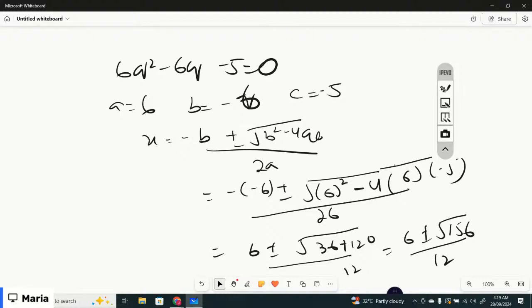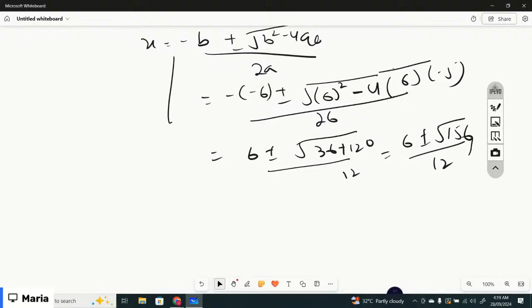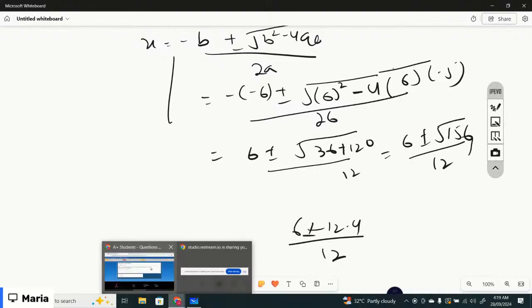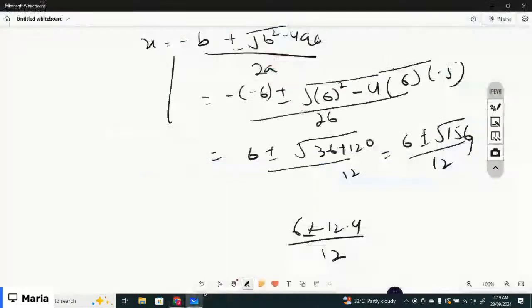So square root of 156 is 12.48. So that is 6 plus minus square root of 156 equals 12.4, divided by 12, right? Okay, let's just calculate the value.